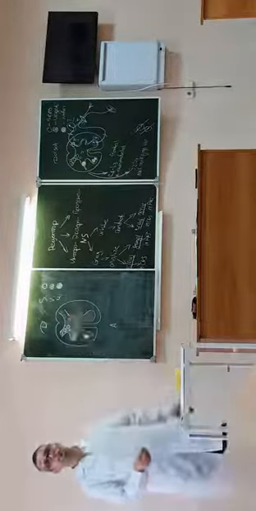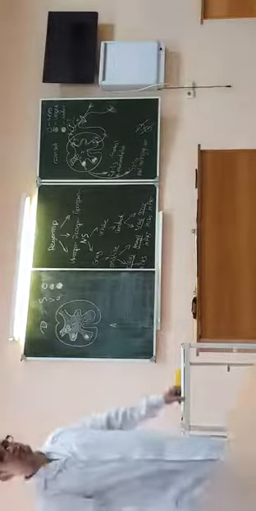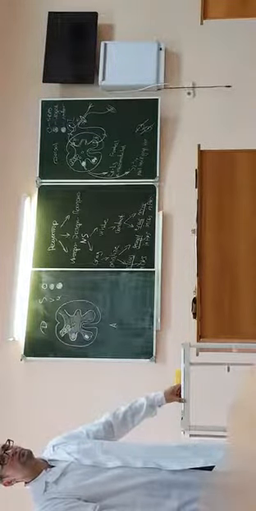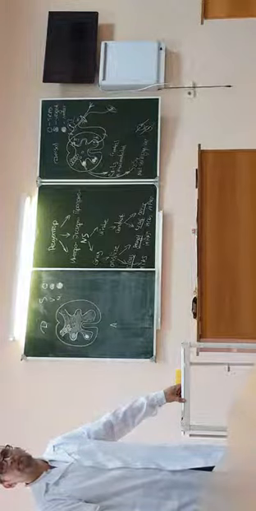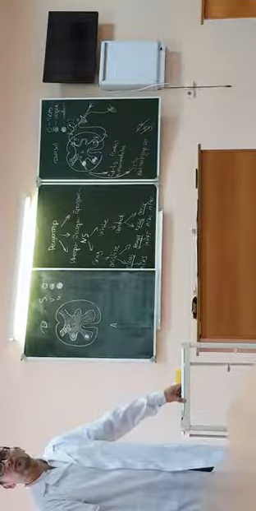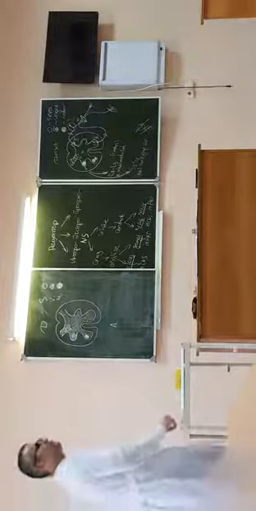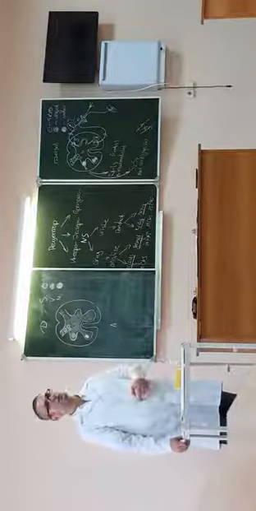They control proprioceptive sensitivity. Who remembers what is the meaning of this sensitivity? What is proprioceptive sensitivity? Position of the body, or recognizing of our body. I want to touch my nose. I know where my nose is. My nose is not here.